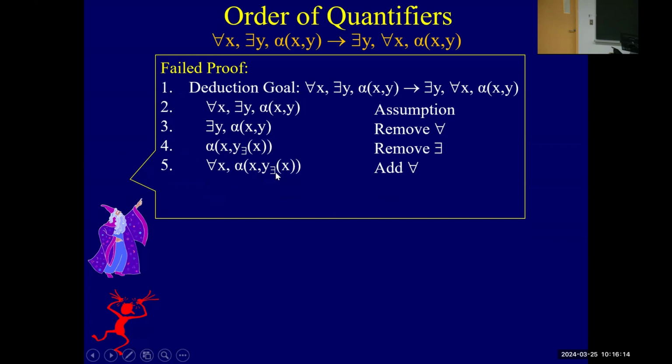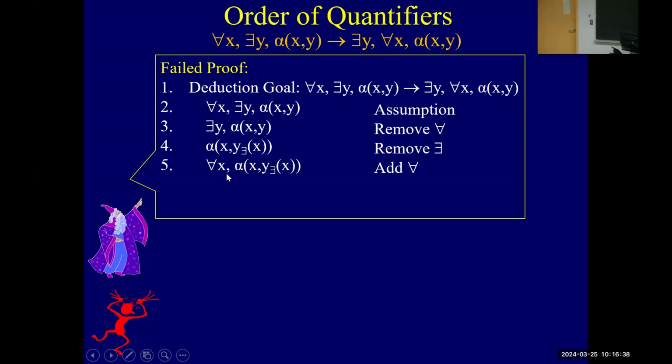I read line 5, and I say, what does it say? It says what I want, right? For every x, we can plug it in this function y that exists, and we get some y that works. Everybody see that I can still know what this line means as I do the steps?